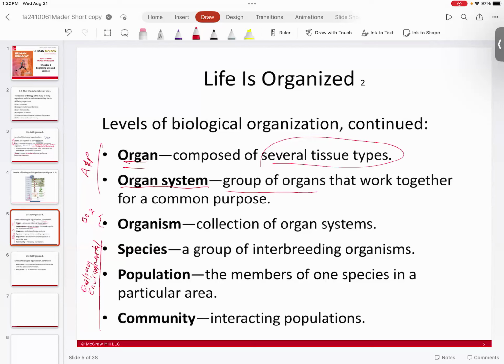Now the liver itself has a role and a goal in the digestive system. That's the system that it's part of. But it is a member of the system, amongst which are other members. The pancreas is also part of the digestive system, and also the endocrine system. The stomach, intestines, the rectum, the esophagus are part of the digestive system.